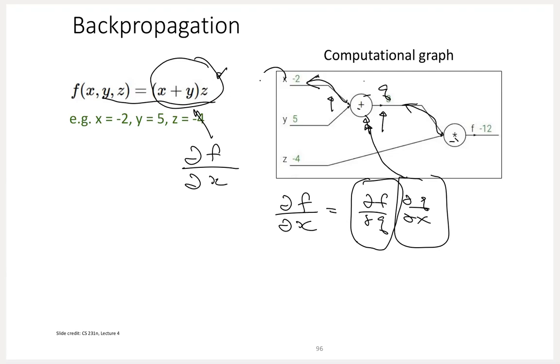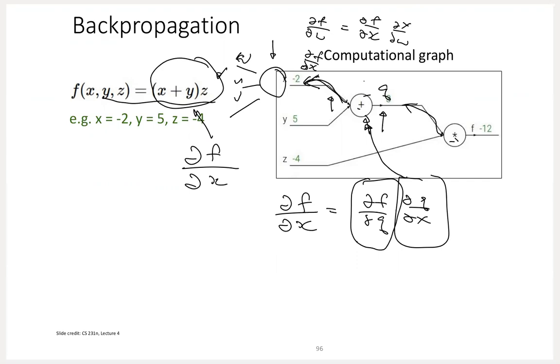Now, I know partial f partial x. If I have more nodes like that going backward, then again, if I know the local gradient, maybe I have W here, and I need to find partial F partial W. And I know partial F partial X. Then partial F partial W will be partial F partial X times partial X partial W, right?